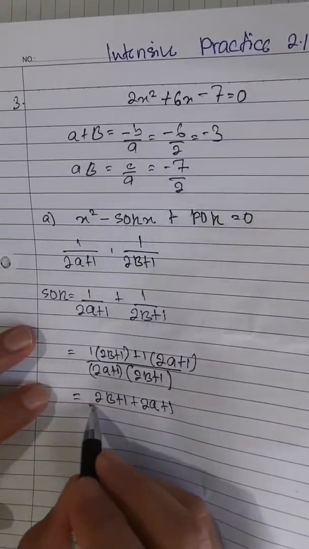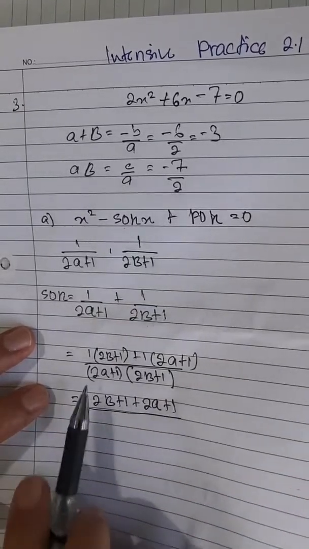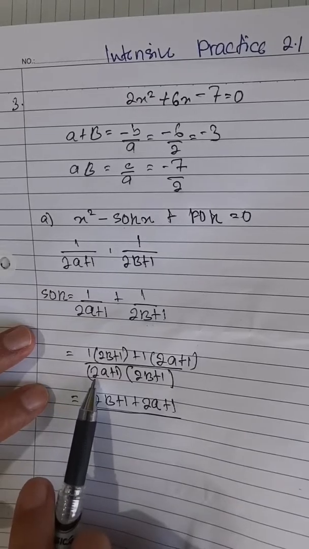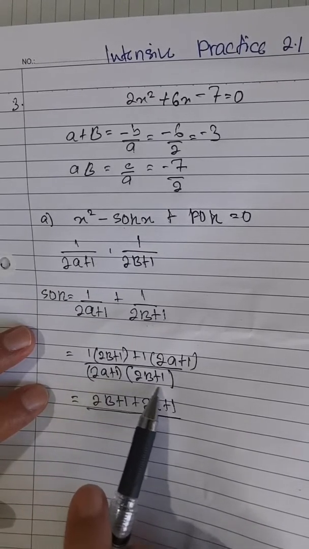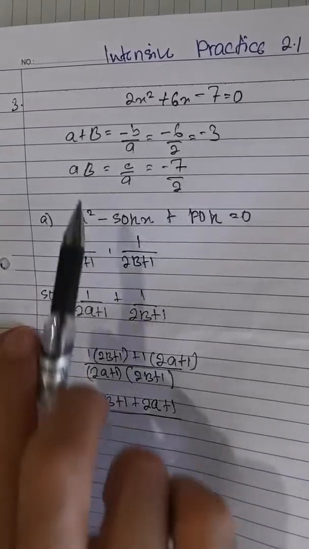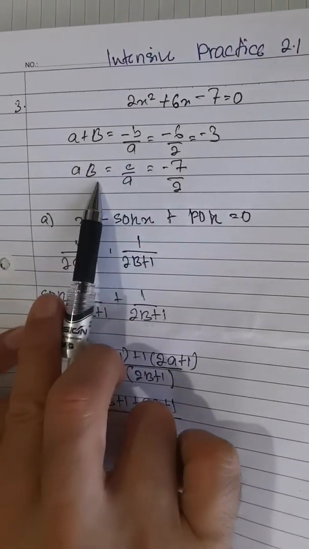Now, what do we do with the bottom? Because we do not know the value of 2 alpha plus 1 and 2 beta plus 1, we have to create an equation in terms of alpha plus beta and alpha beta.